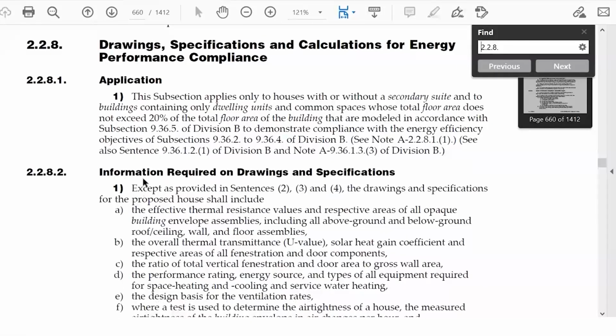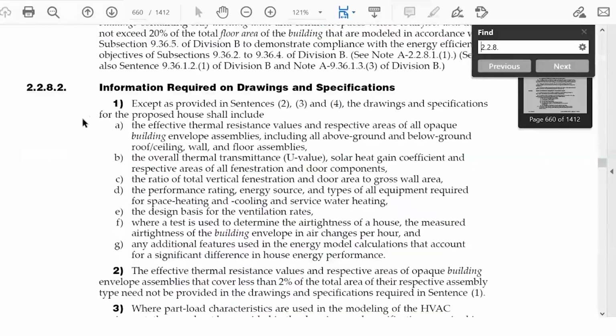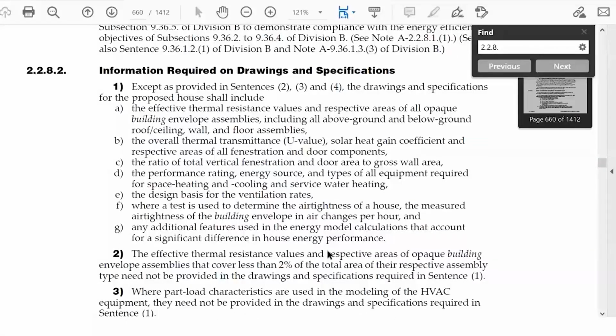What is the information required on drawings and specifications? You've got effective thermal resistance values and respective areas of all opaque building envelope, overall thermal transmittance, ratio of total vertical fenestration and door areas to gross wall areas, performance rating, energy source, type of equipment required for space heating, cooling, and service water heating, design basis for ventilation rates, and if you have done a test to measure air tightness of the building envelope, any additional features in the energy model calculation that account for a significant difference in the house energy.